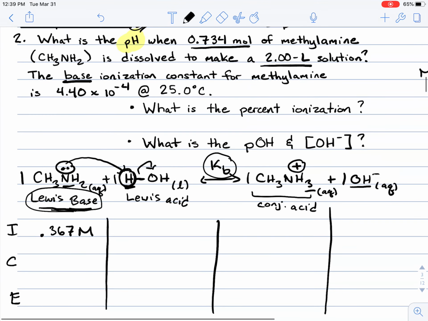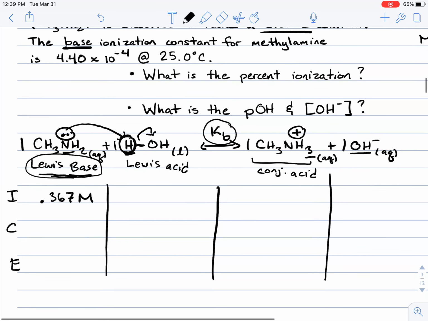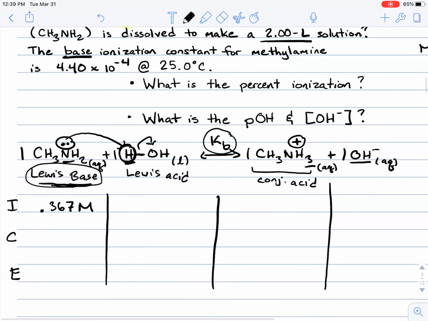So to determine whether or not our change is going to be minus x or the initial concentration, we need to look at the magnitude of our equilibrium constant. And so here in this case, since the base ionization constant is times 10 to the negative 4, that's far, far less than 1.